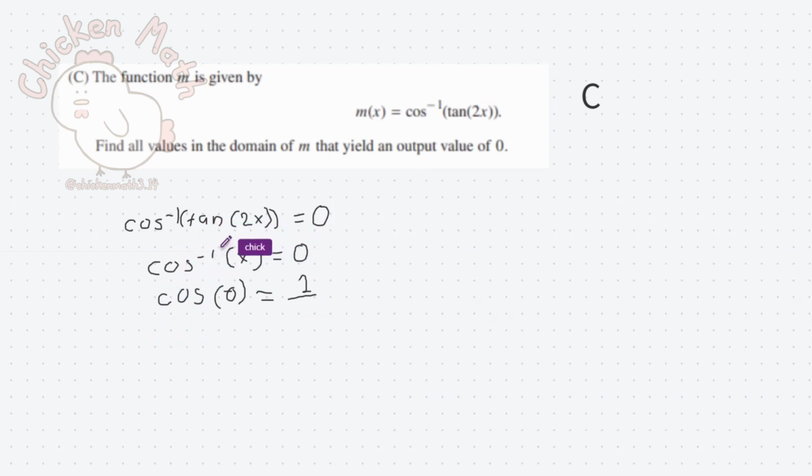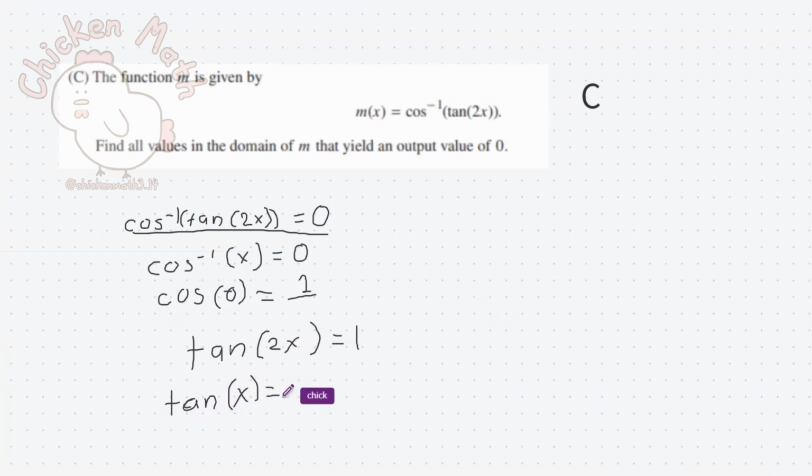So for that to happen in our original function m of x, that means that tan of 2x must equal 1. So to approach this, we can think about when tan of x is equal to 1. And if we know our trig functions, then we should know that x must be equal to pi over 4.